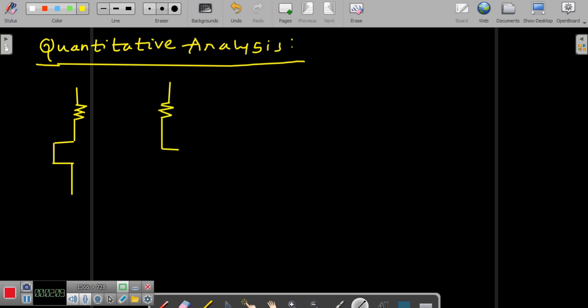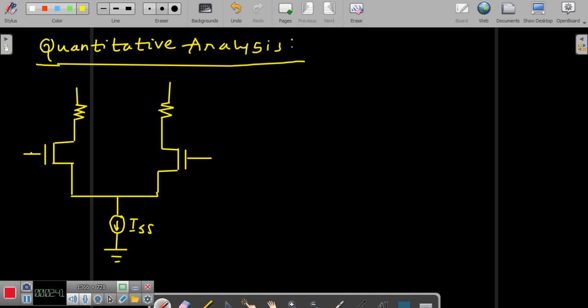Then we have got two MOS devices, the same thing which we have taken in the previous class would continue here. Then we have got one current source here, ISS. This I call it as ISS.